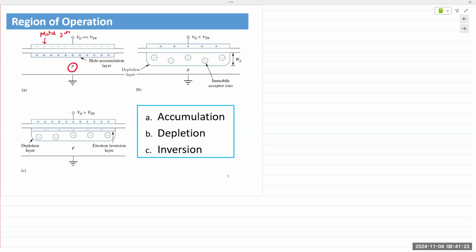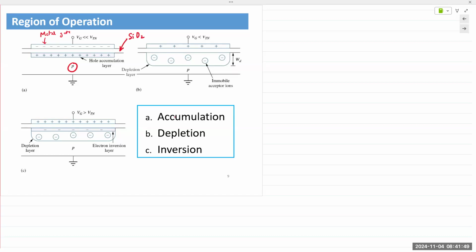So instead of metal, nowadays it's polycrystalline silicon, and then we have the oxide layer separating the two, silicon dioxide. So you apply a gate voltage that is negative with respect to the source and the drain. When you apply a negative voltage across this thin oxide layer, what happens?